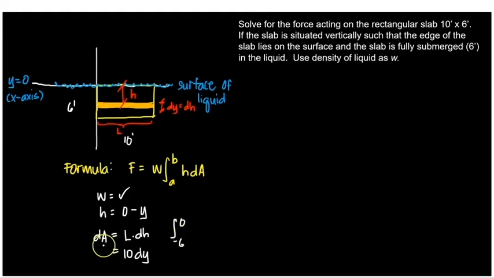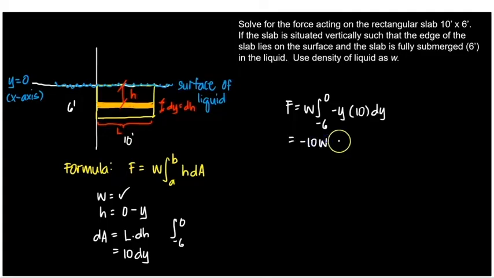Therefore, if I ask you what would be the force, just try solving. Force is W from -6 up to 0 of negative y times 10 dy. So let's just bring out whatever we can bring out.